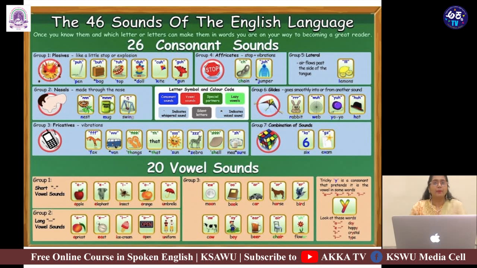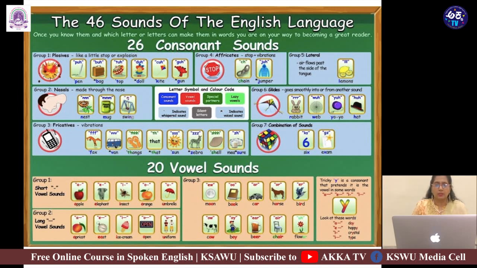Then the vibrating sounds: fox, van, thongs, that, sun, zebra. The stop and vibrate sounds: chain. Then the gliding sounds: they just roll, they just glide. Rabbit, roll it, rabbit, web, yo-yo, hat.